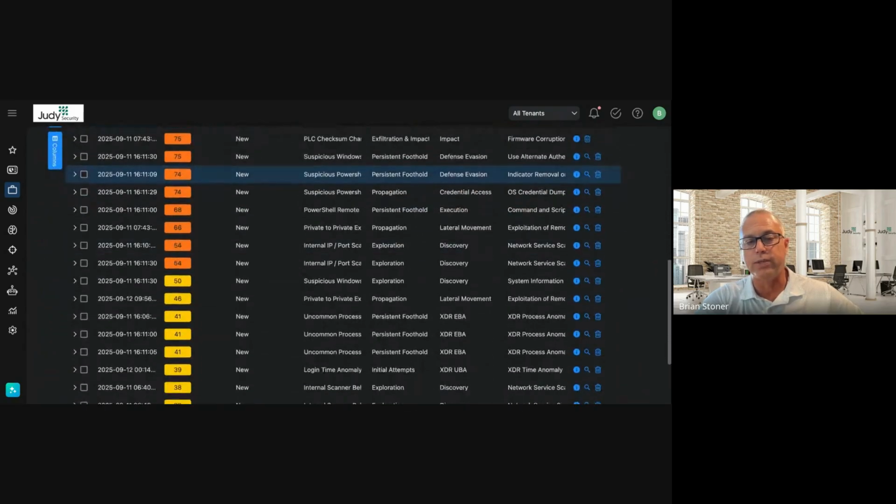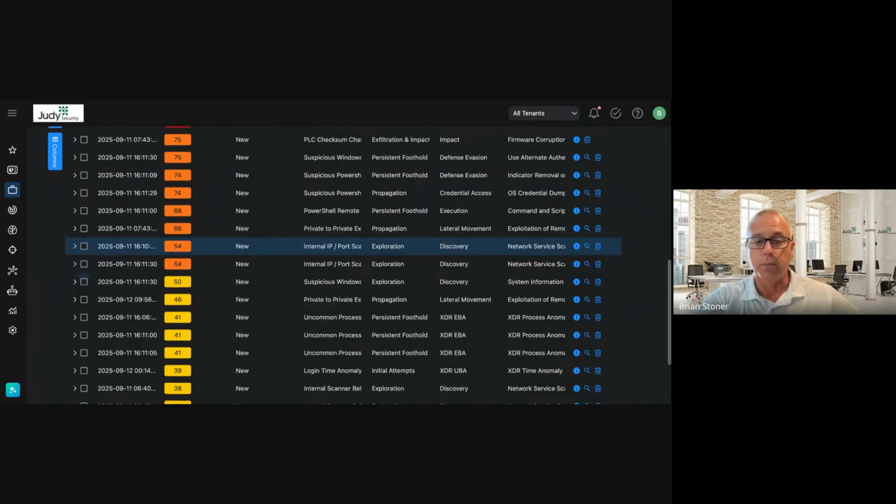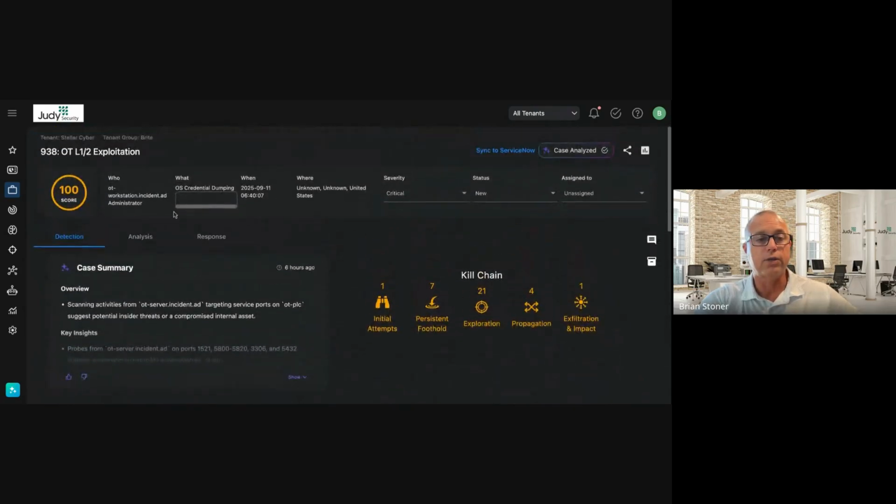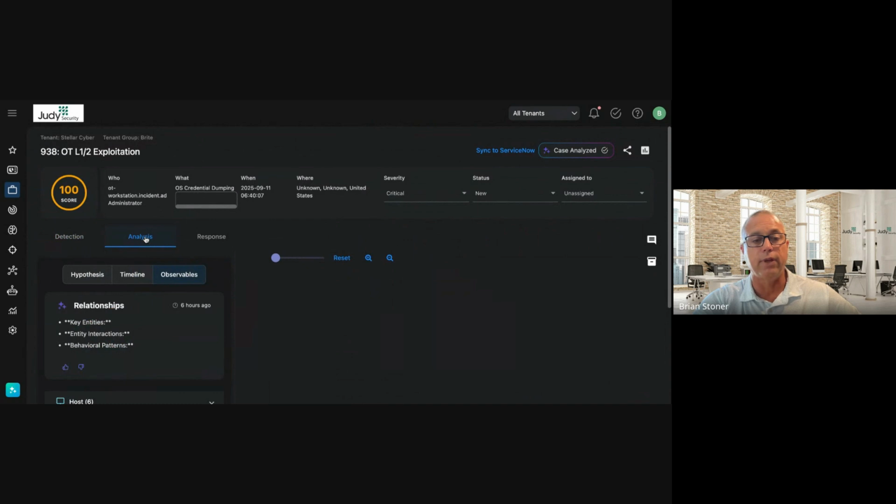And this is what you would see in a normal SIEM product. You'd see a list of alerts. Now, in a traditional SIEM, the analyst has to use human glue to connect all of these things and understand that they're related. But here, the platform has done all of that work using graph machine learning. So my analyst now can actually go look at a summary of the event in a format that's much easier to understand.